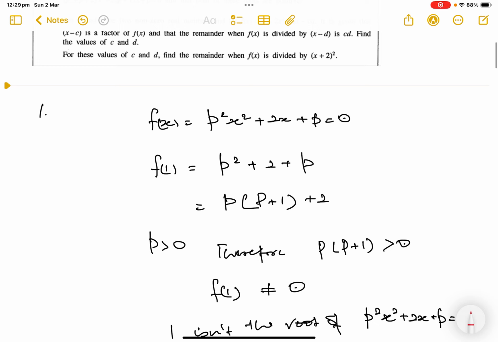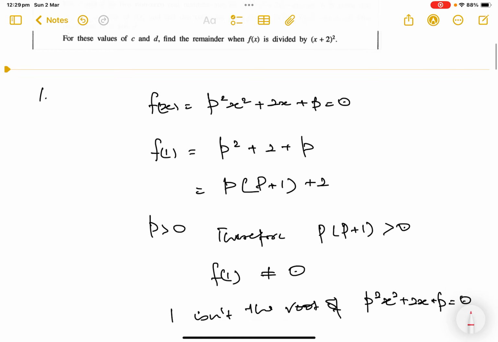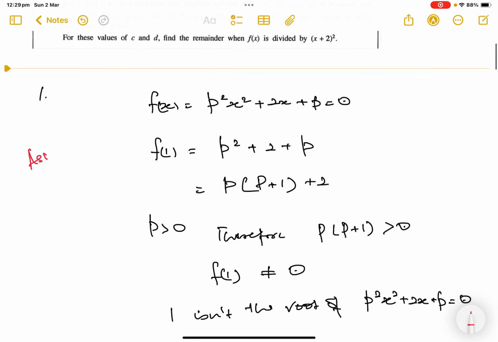What I'm going to do is assume 1 is a root. If that's so, the remainder theorem tells us f of 1 should be 0. If we prove that f of 1 is 0, 1 is a root, but we're going to prove f of 1 isn't 0. Therefore, 1 isn't a root.